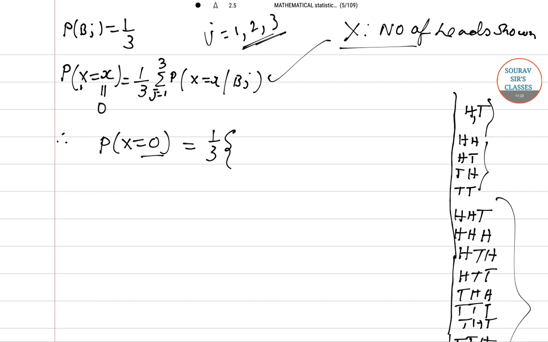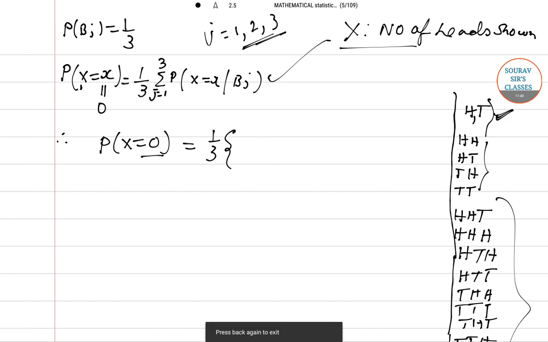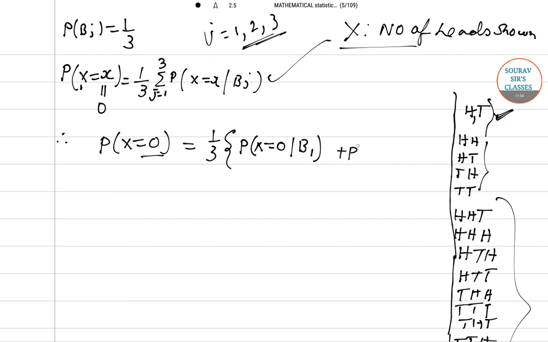When we draw the number 1 ball, that is the ball number shows 1, we'll only have 1 chance to toss. So we'll toss it just once. So in this case the probability will be probability of x equals 0 given B1. This is the probability when ball number 1 is tossed.